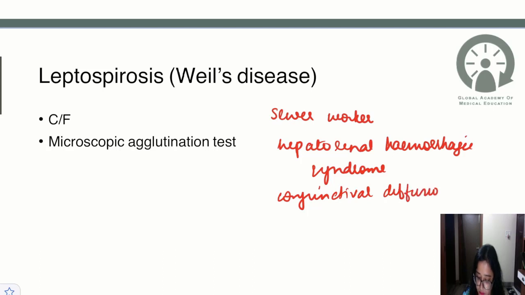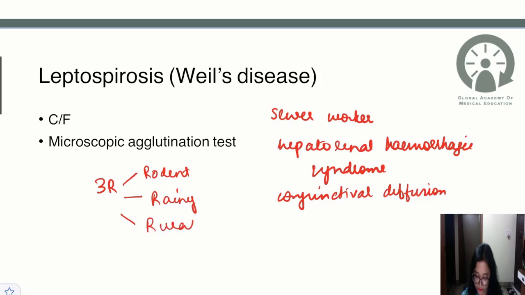On the basis of the clinical picture, we know about leptospirosis, which is also known as Weil's disease. It has 3 R's. It is spread by rodent urine, and also in the rainy weather, and in the rural background.